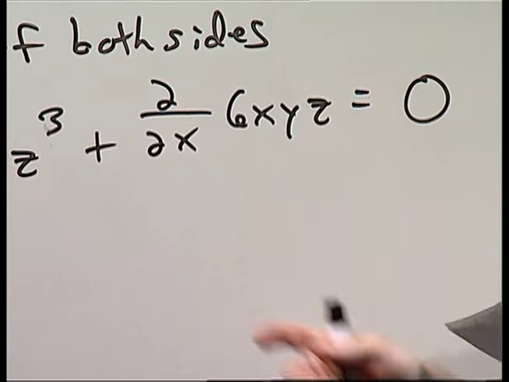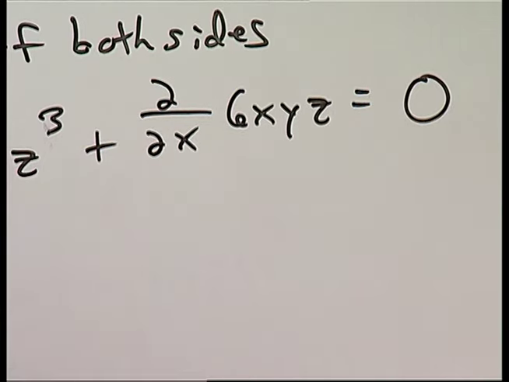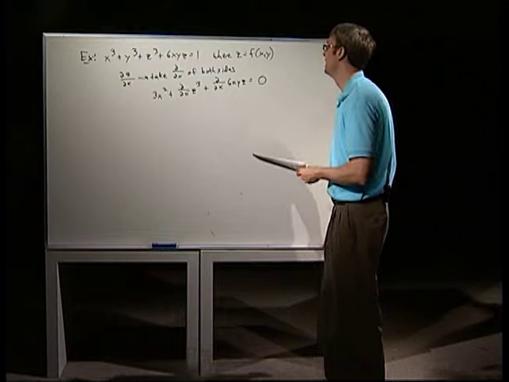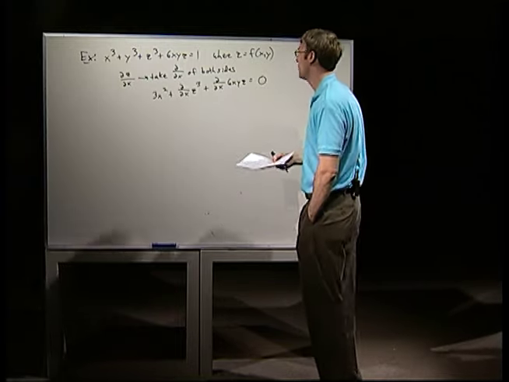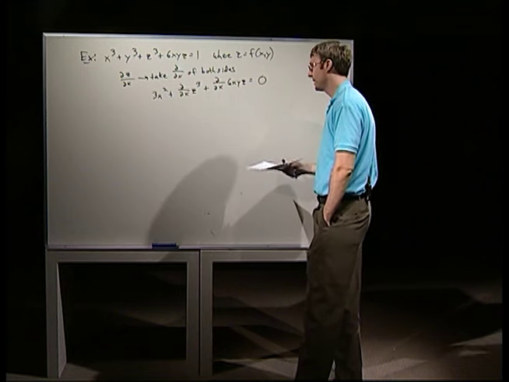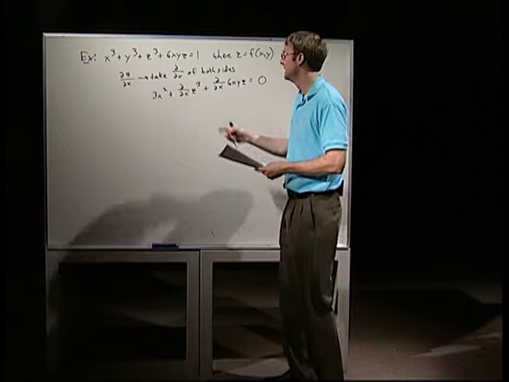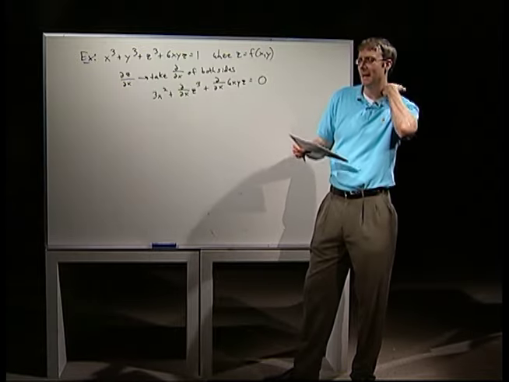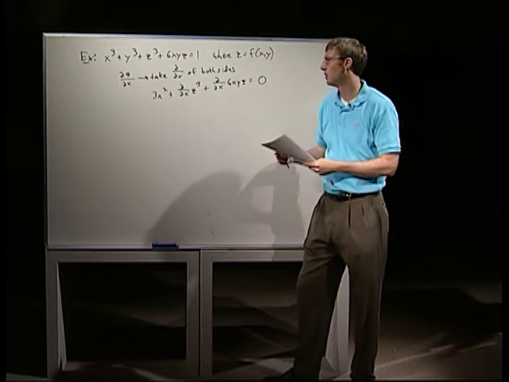So these are the terms in question, and we handle them just like we handled implicitly defined functions in Calc 1. Z is a function of x and y, so we have to resort to the chain rule.